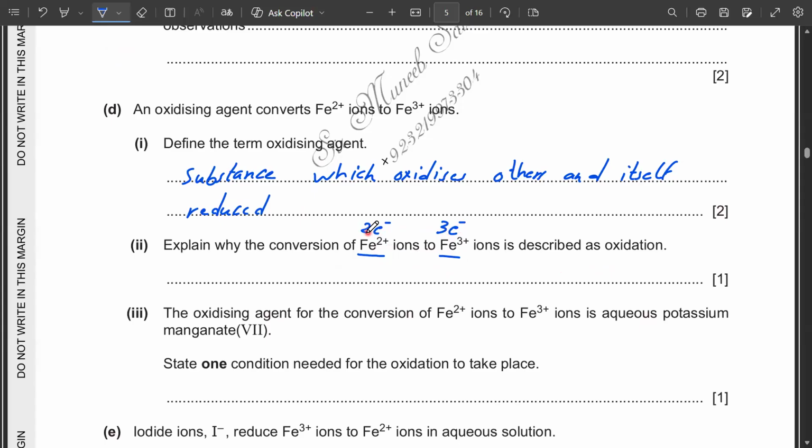The loss of 2 electrons versus loss of 3 electrons, we can easily compare. There is an additional 1 electron lost when it converted from iron 2 plus to iron 3 plus. So as a result of this, we can simply say it is the loss of 1 electron.